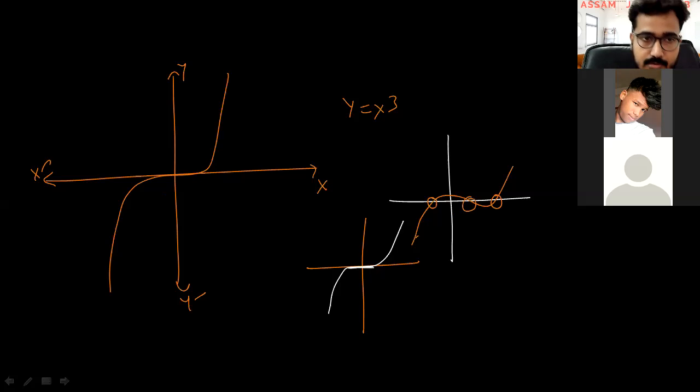So don't be confused. This question is very important, because many of you will make the mistake here. By looking at the graph, the first thing that comes to your mind is that it will cut at 3 points, but actually it is the same point. So only 1 point, and that's why only one solution.